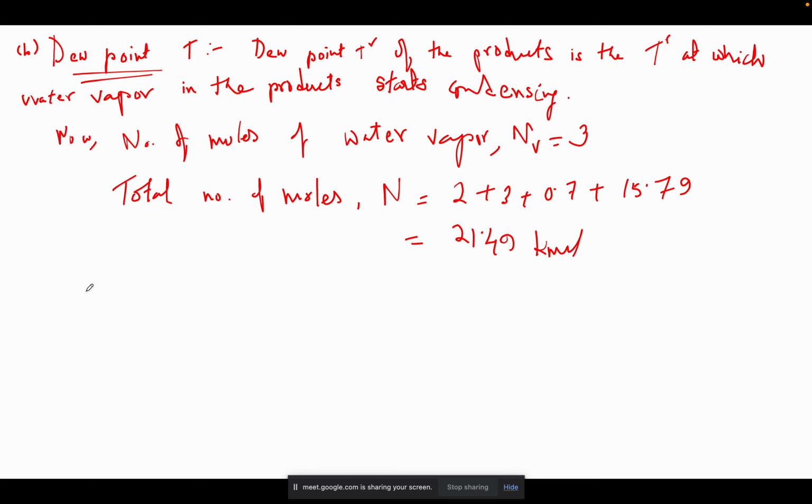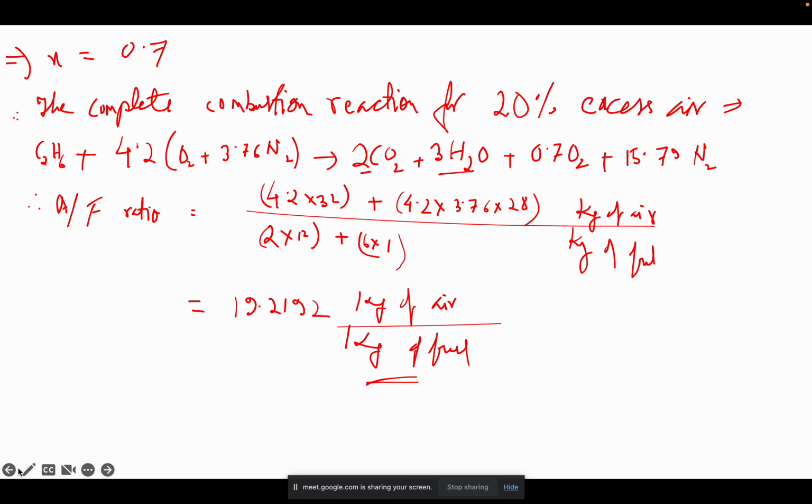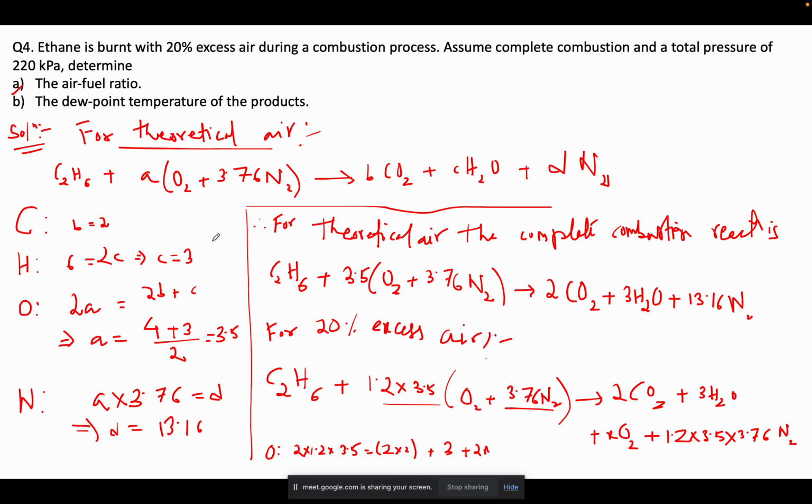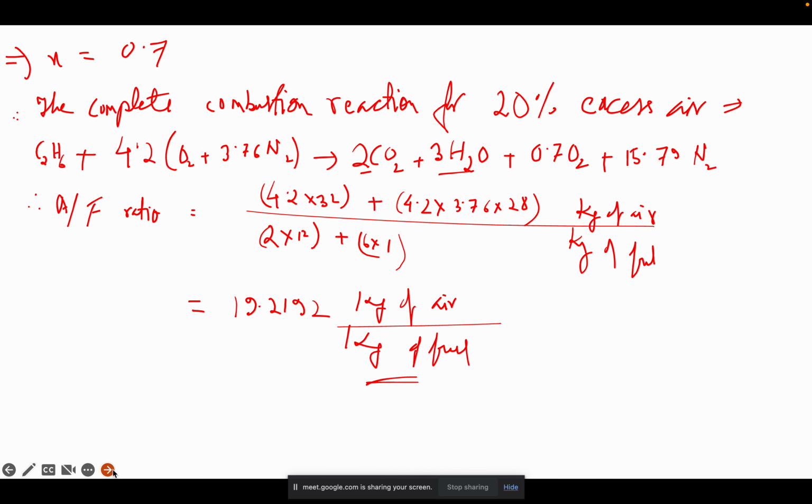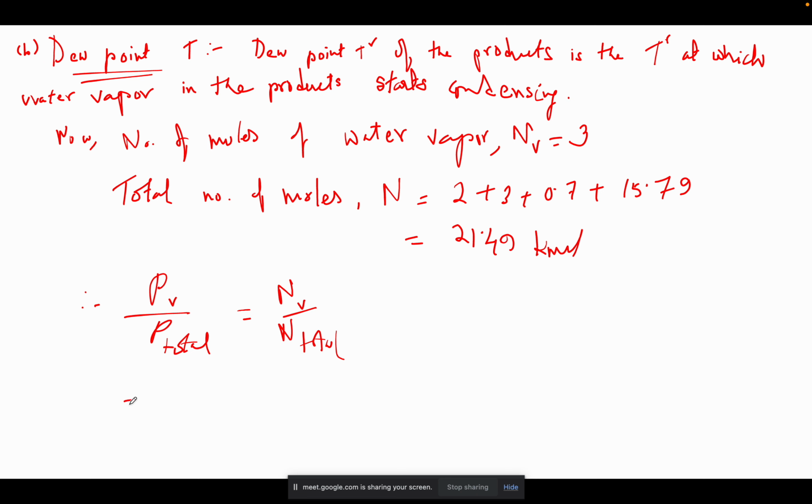Therefore Dalton's law says PV by P total is equal to NV by N total. And remember, P total is given to us as 220 kilopascal. So from here PV is nothing but 3 by 21.49 into 220 kilopascal.